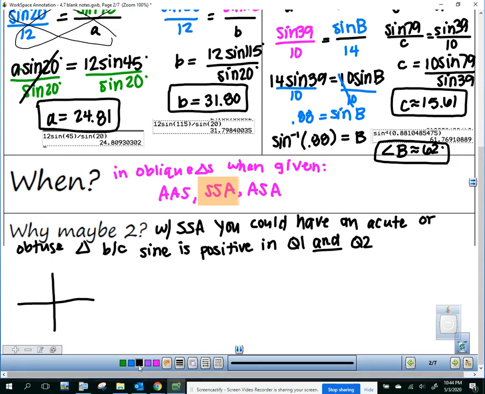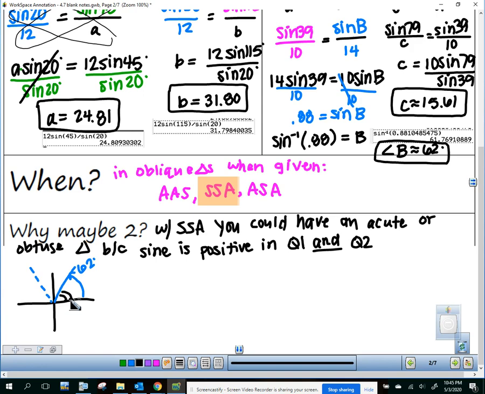So what we solved for when we put this in the calculator and got that angle B was 62 degrees, that would be in quadrant 1, approximately here. But there is another angle in quadrant 2 that would give you the exact same sine value as this angle, because remember, sine is the y when you think about the ordered pair. So this is a 62-degree reference angle.